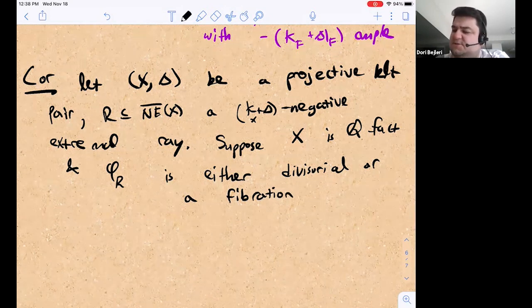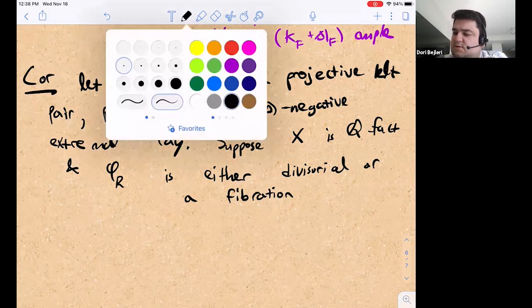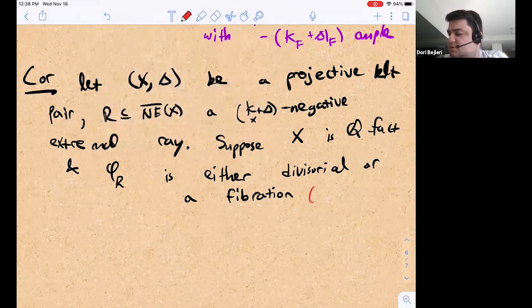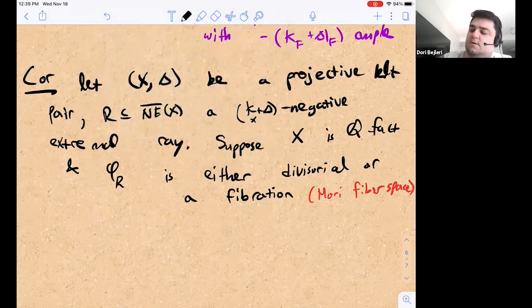Sometimes people use the language here that it's a fiber space, maybe a Mori fiber space for case 3. Then Z itself is actually Q-factorial.